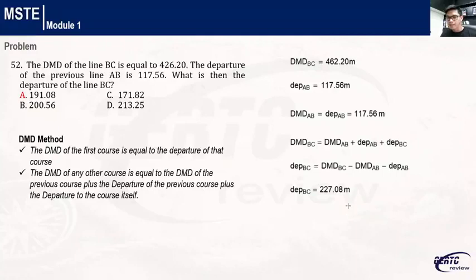Mali. Okay. Sandali ha? Nawawala ako. The DMD of the other course is equal to the DMD of the previous course plus the departure of the previous course plus the departure of the course itself.